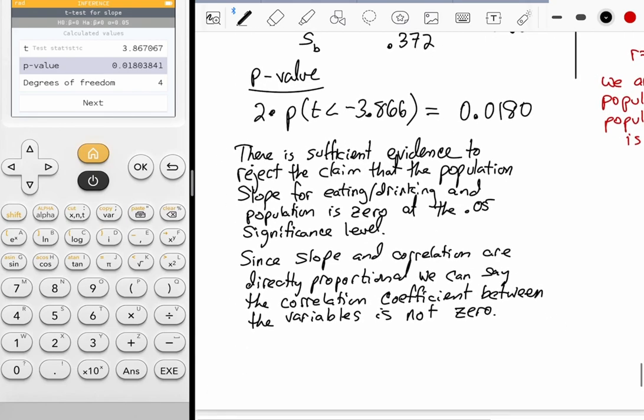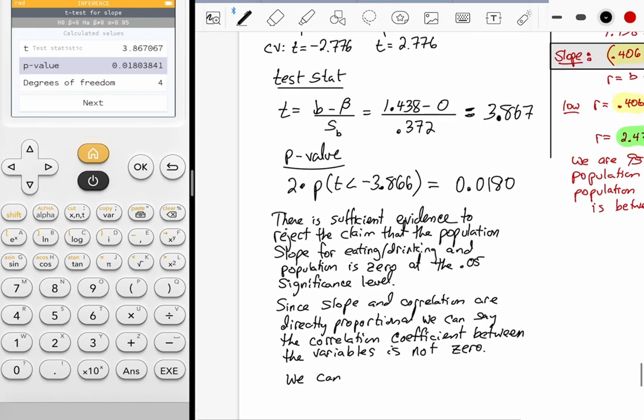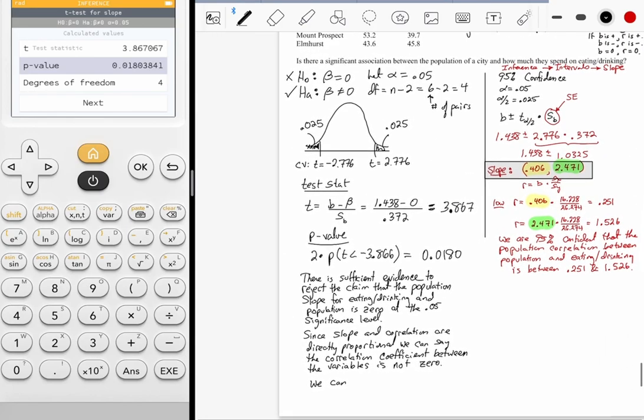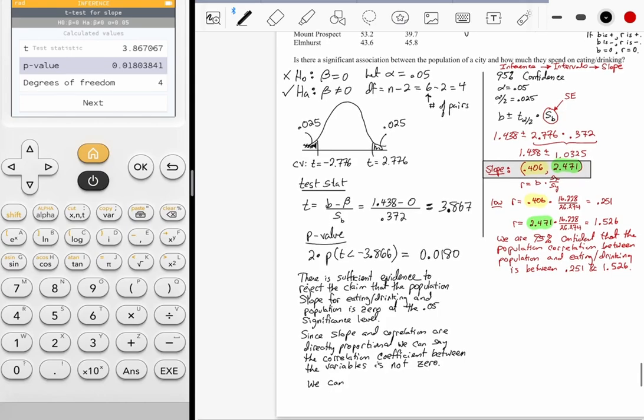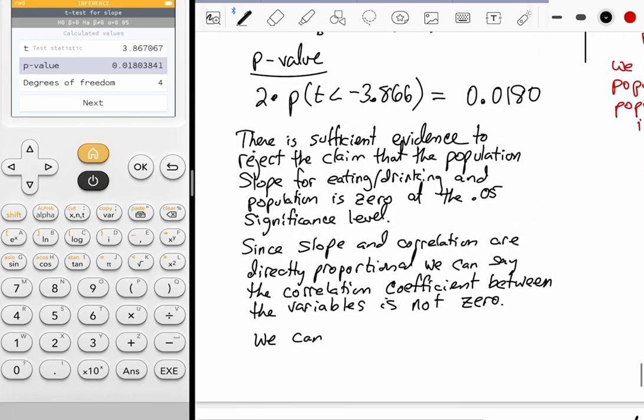All right. If it's not 0, that means there must be a significant relationship. All right. We can say or support the claim that there's a significant association between the variables.